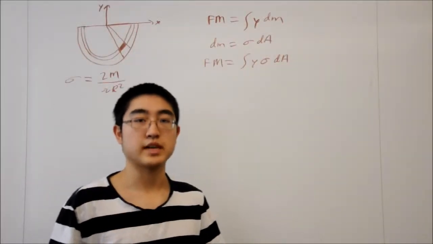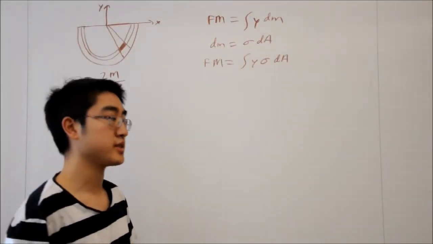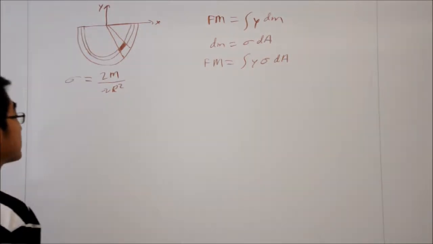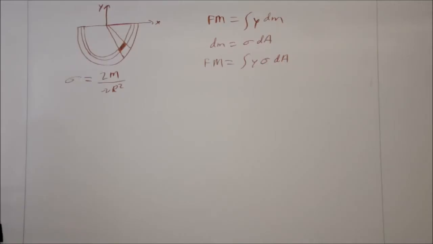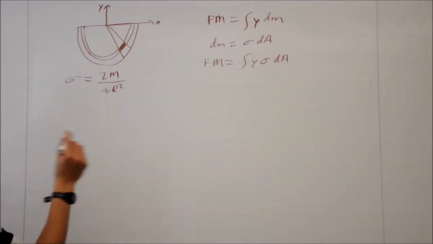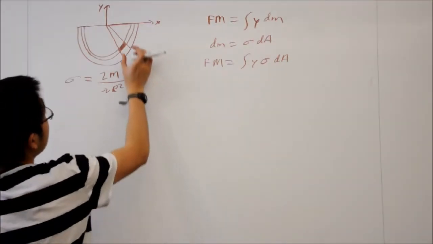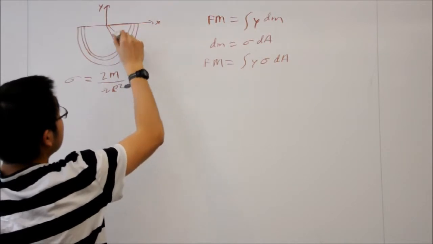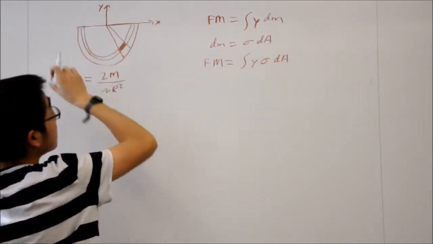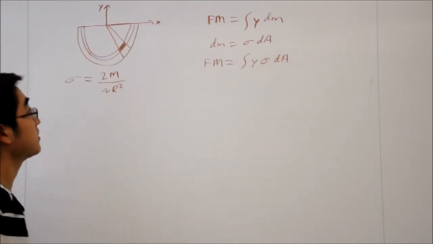So continuing on from the last video, we can use polar coordinates to find the position of the center of mass of the semicircle. So instead of taking strips of the semicircle, we can take little radial segments of the semicircle.